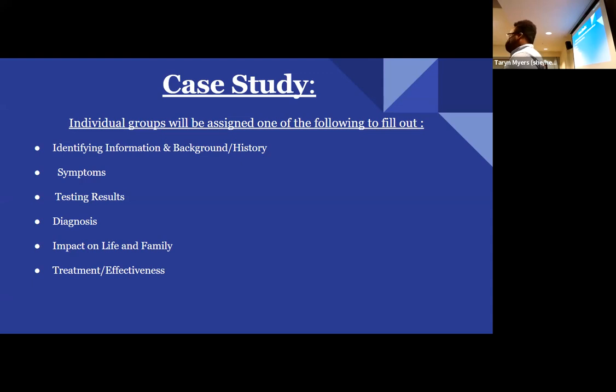I was trying to figure out how to split it up. You guys want information and background history.